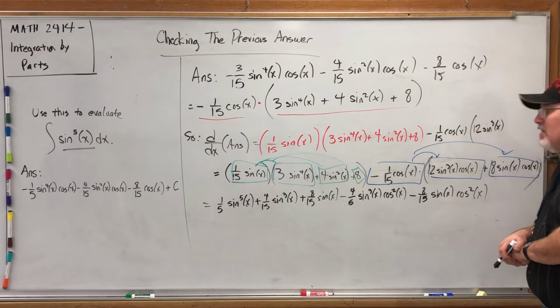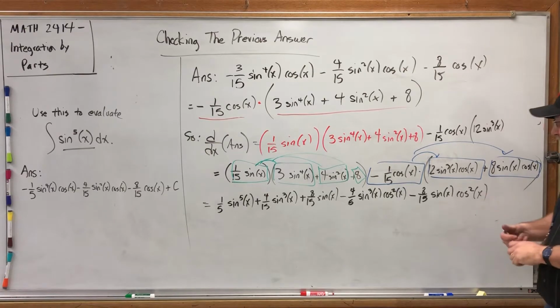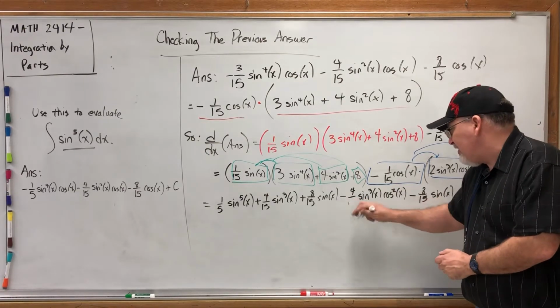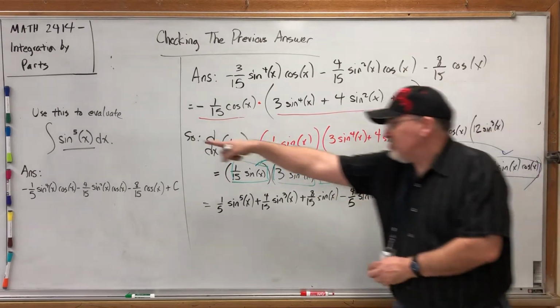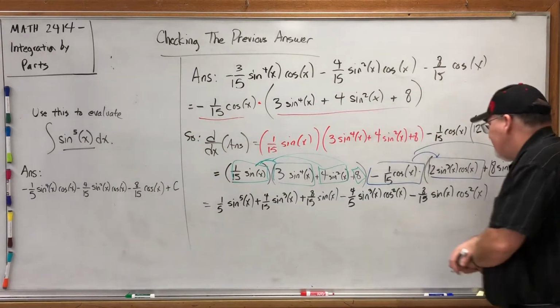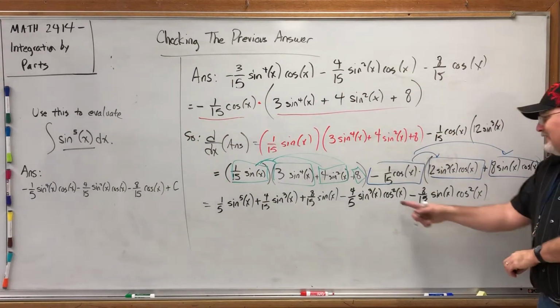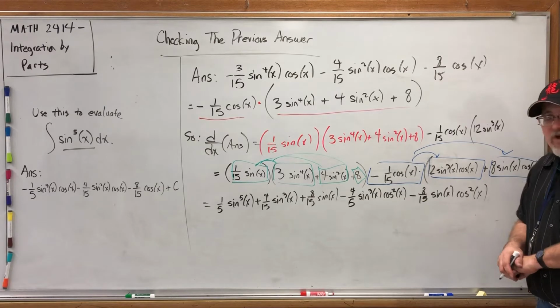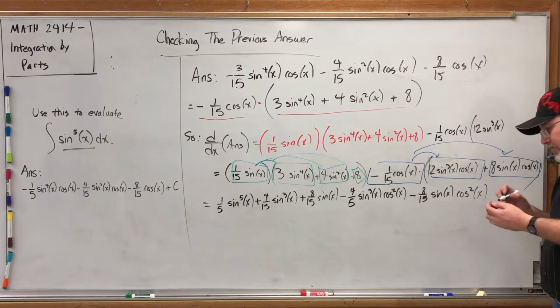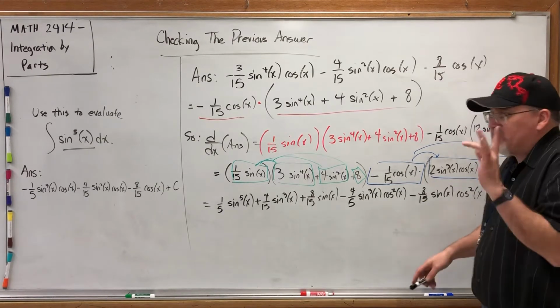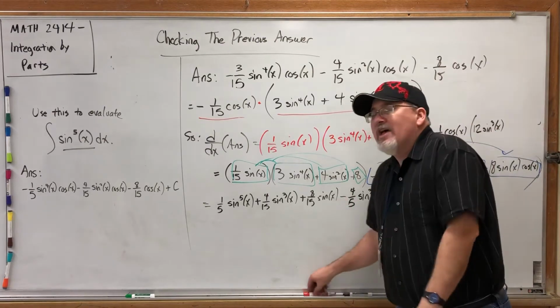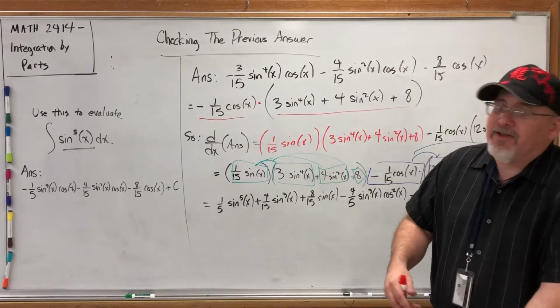I was in the midst of saying that a good problem-solving strategy is asking yourself, where am I, which is here, where do I want to be, which is there, sine to the fifth x, what's in your way? One of the glaring things in the way are these cosines. I don't want them, so how do you get rid of the cosines? You replace them with something that they're equal to, and hopefully something that contains some sines.